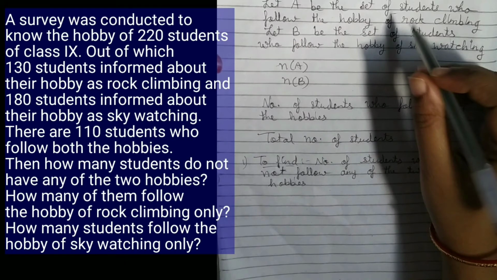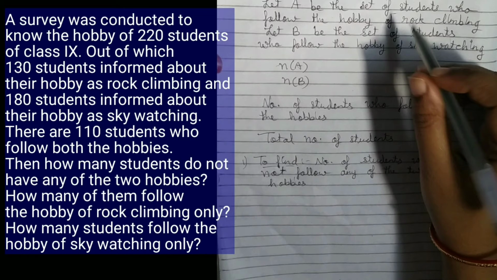See the question. A survey was conducted to know the hobby of 220 students of class 9, out of which 130 students informed about their hobby as rock climbing and 180 students informed about their hobby as sky watching. There are 110 students who follow both the hobbies.